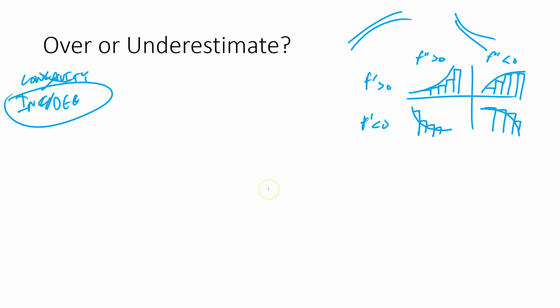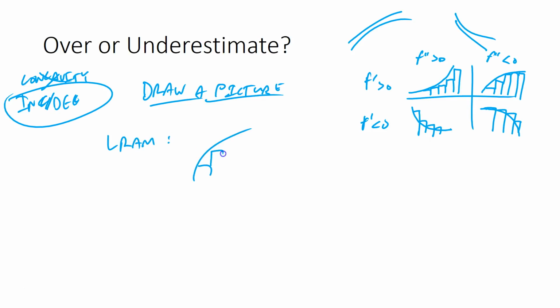Okay. So this is, again, another thing I would not memorize, right? I would always draw a picture to figure it out. You just have to remember that it depends on increasing, decreasing, or you can draw this chart every time and say, oh, it looks like it only matters if it's going up or down. In general, if you have left side LRAM, and something is increasing, then it's going to be an underestimate because we're missing all that area, right?